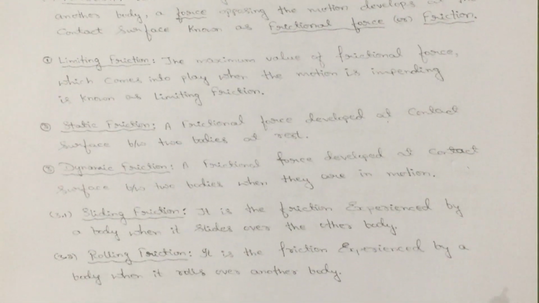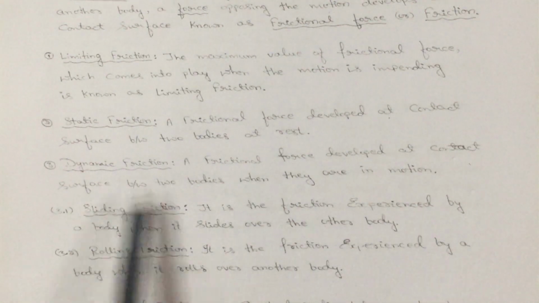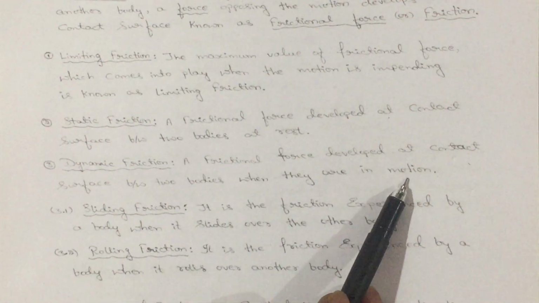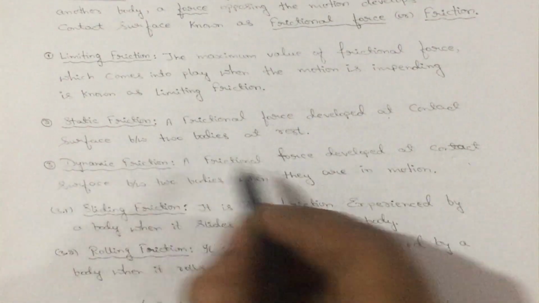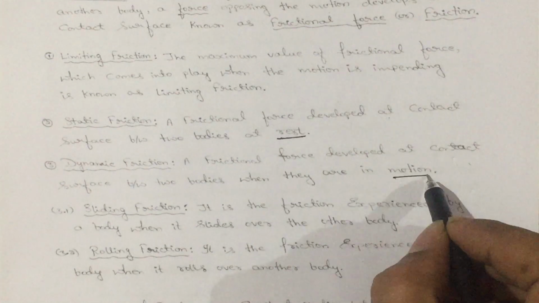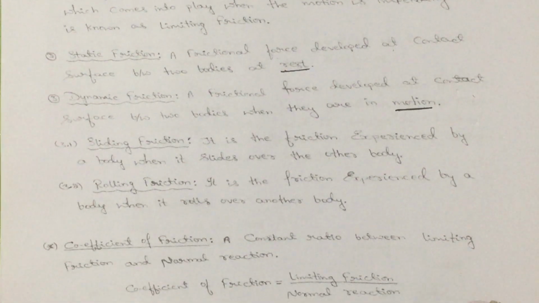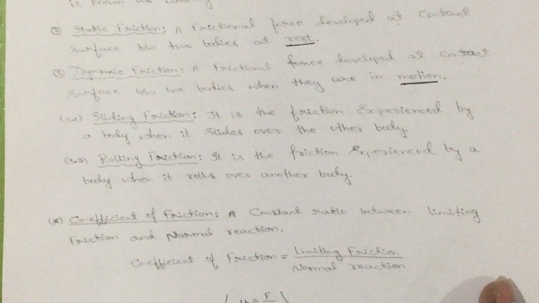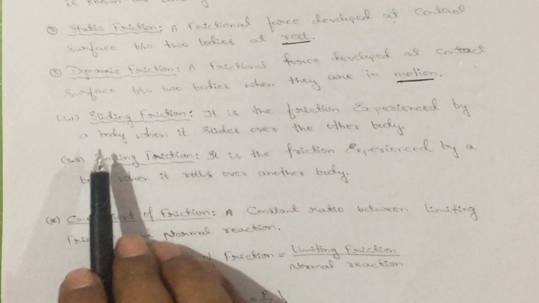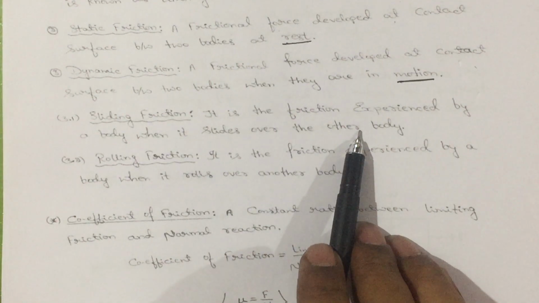Then, what do you mean by dynamic friction? A frictional force developed at the contact surface between two bodies when they are in motion. Static friction means the body should be at rest. Dynamic friction means the body should be in motion. Then, what do you mean by sliding friction? It is the friction experienced by a body when it slides over another body.